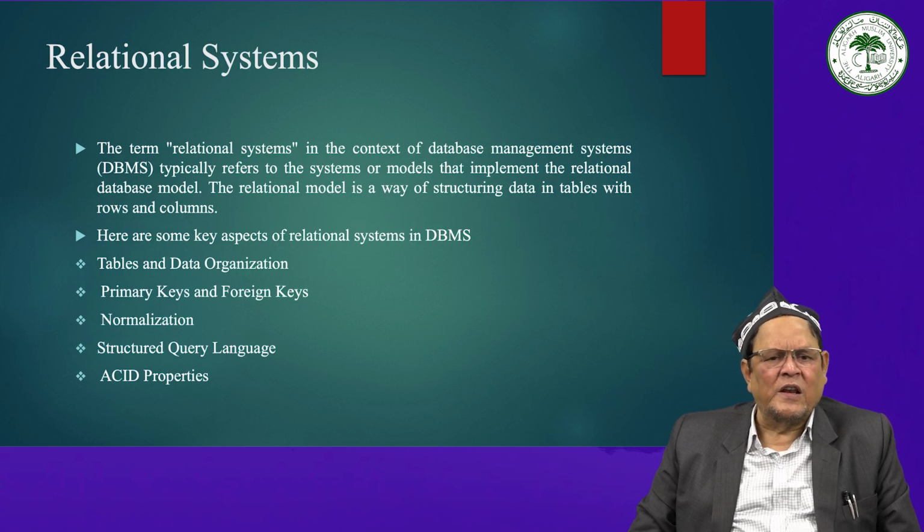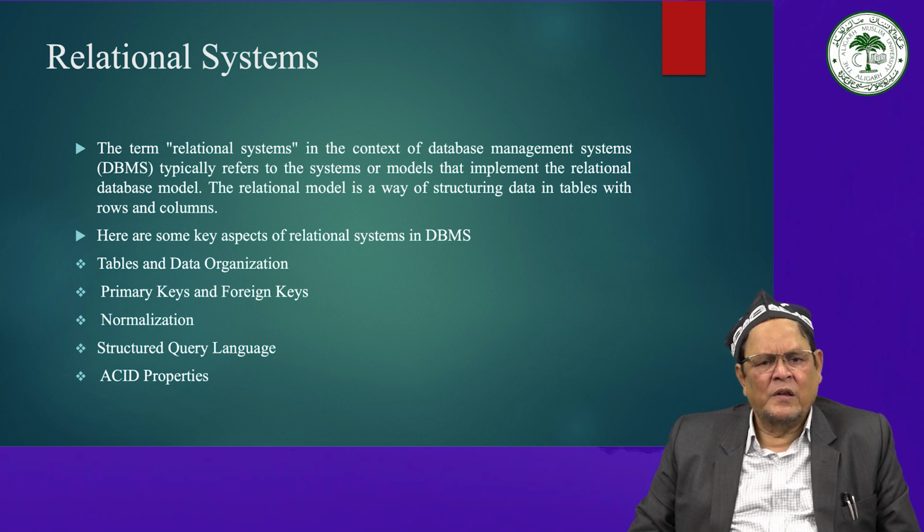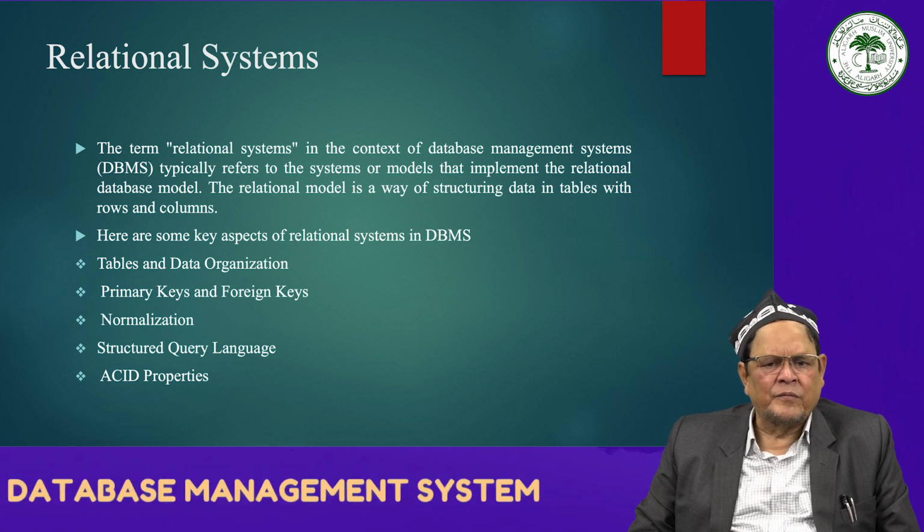The next topic is relational systems. The term relational system in the context of a database management system typically refers to a system or model that implements a relational data model. The relational model is a way of structuring data in tables with rows and columns.